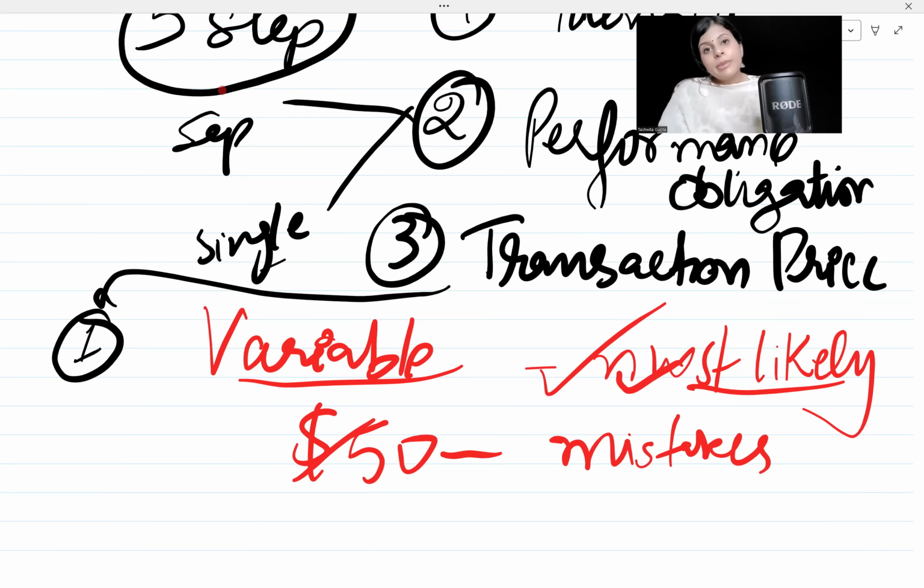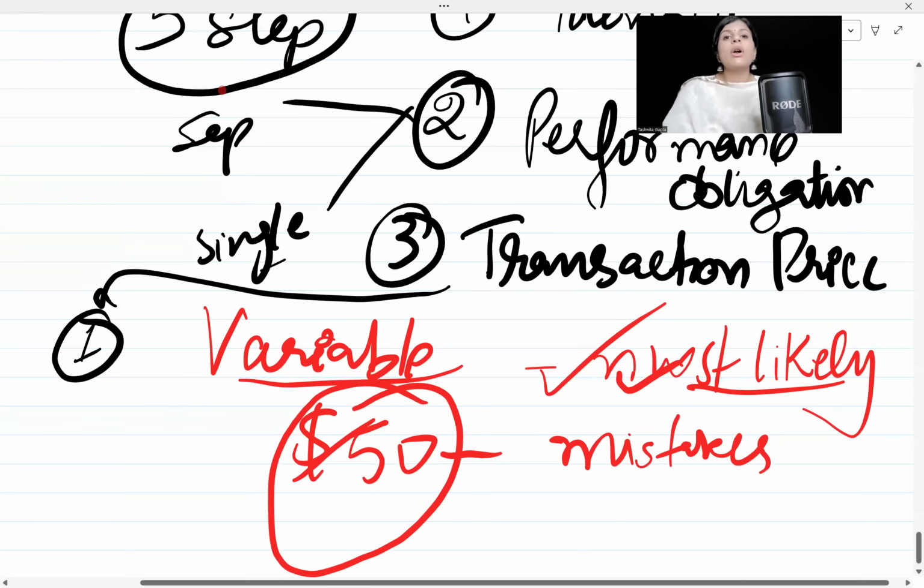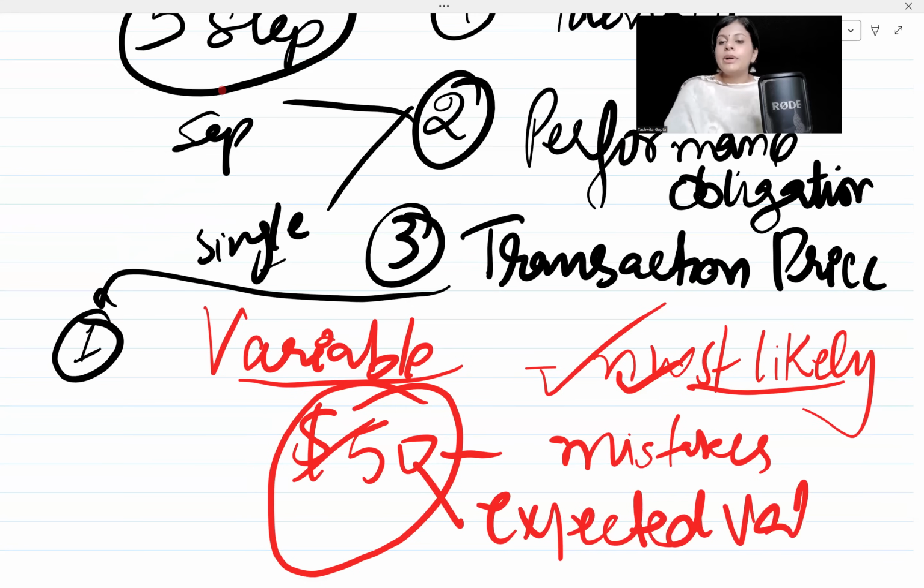How many mistakes have you committed till now? How many do you expect more? What has been your track record? Based on that, you will calculate the probability and record this 50 at expected value. So you'll multiply this 50 with the probability of not making mistakes, and that will be your expected value at which you are going to add this to your transaction price.